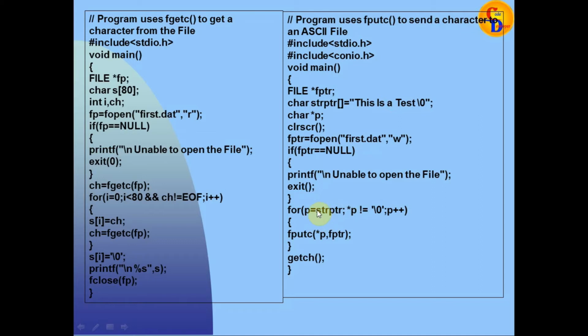So str ptr means p equal to the initial value, asterisk p not equal to NULL, that is, up to the last character. The data should be read up to the last character.